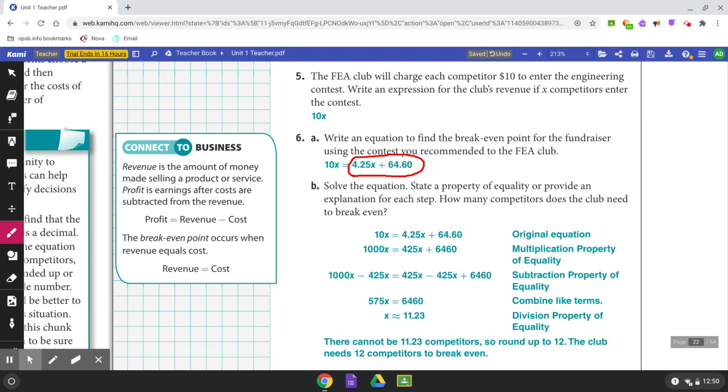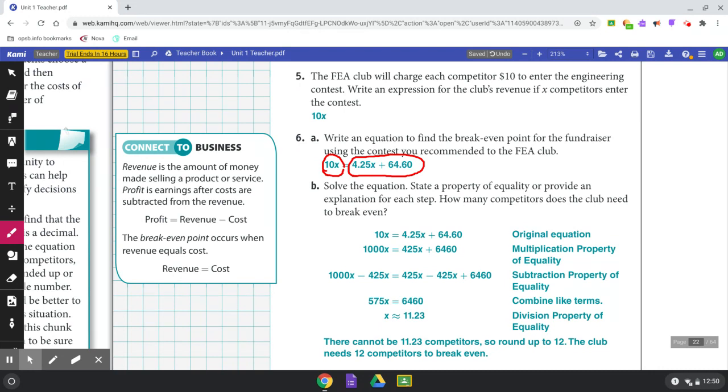So if that represents the cost to perform the competition, and I set it equal to the expression 10x, which represents their revenue because they're charging $10 for each competitor to enter, if I set those two expressions equal to each other, that would give me my break-even point.